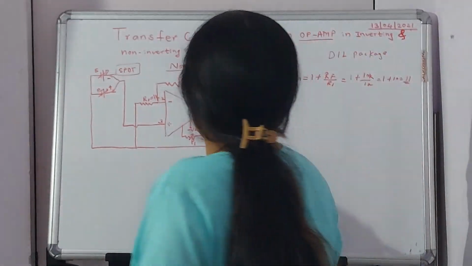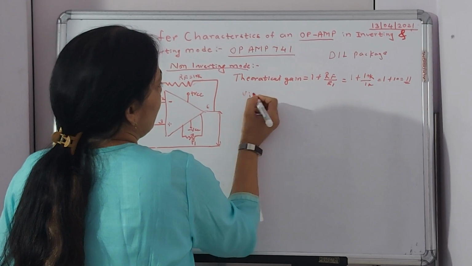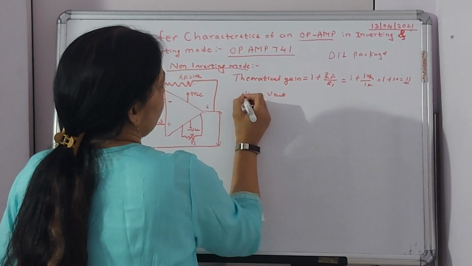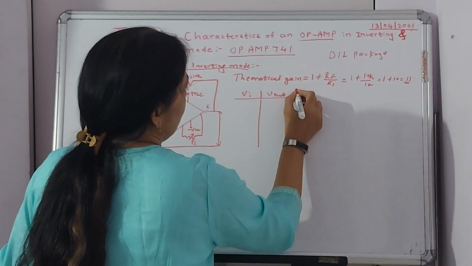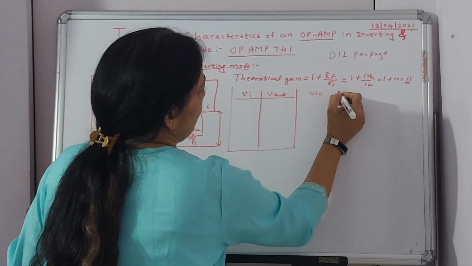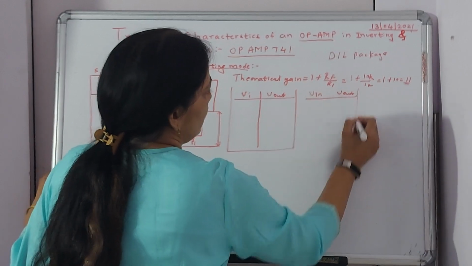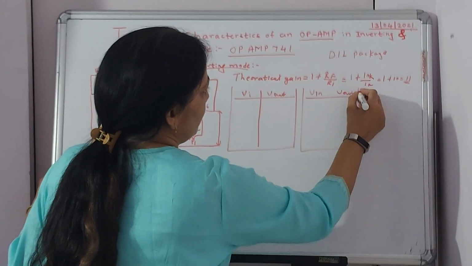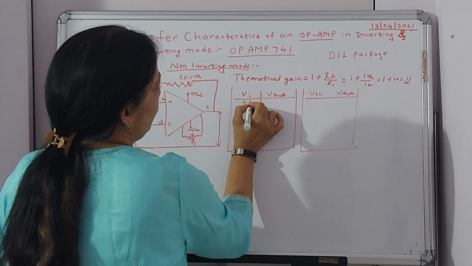Now to take the observation table, what will I do? I'll say V in and V out. So here also this is the first part, and in the second part I say V in and V out. So over here the first part will be to increase the voltage from 0.1.